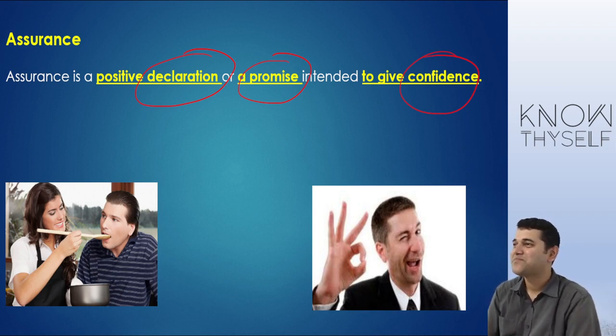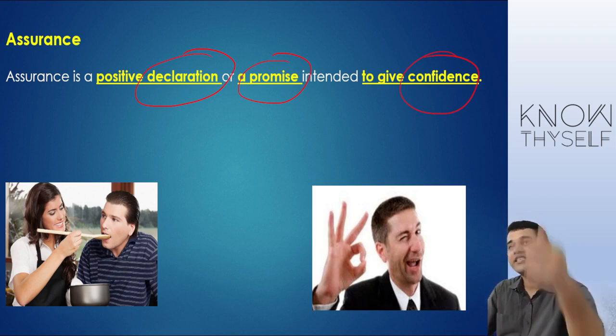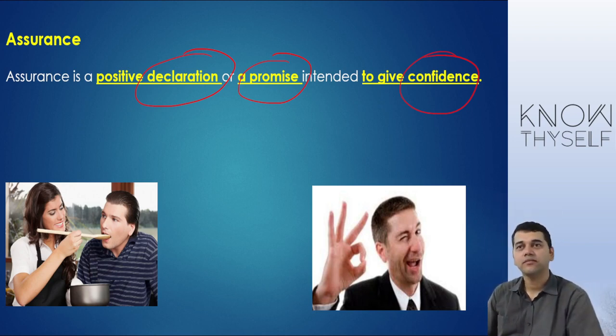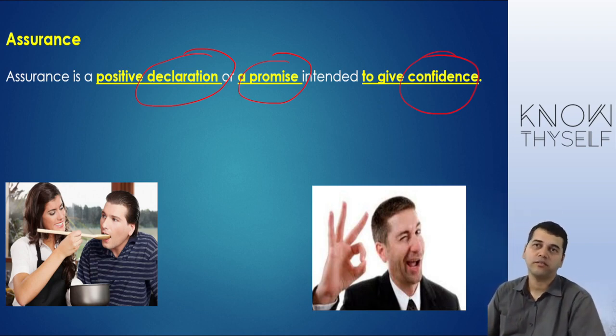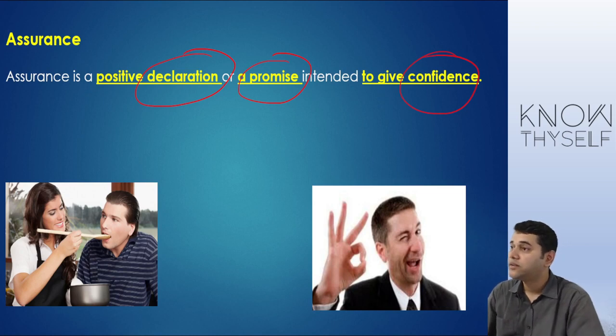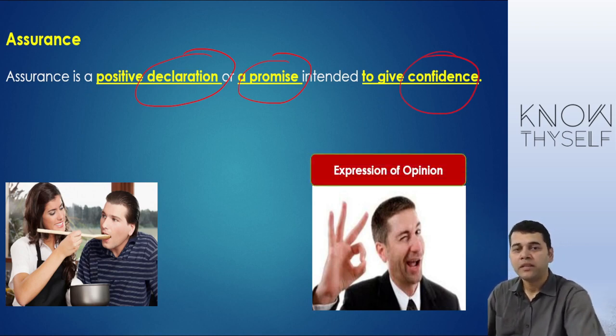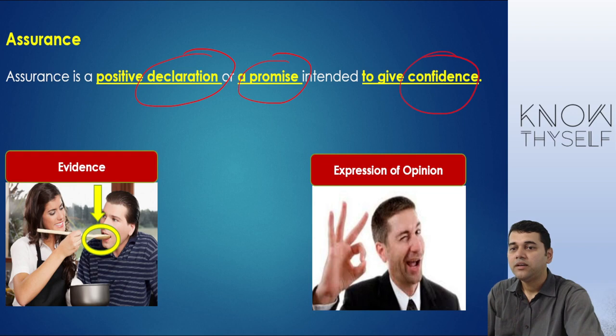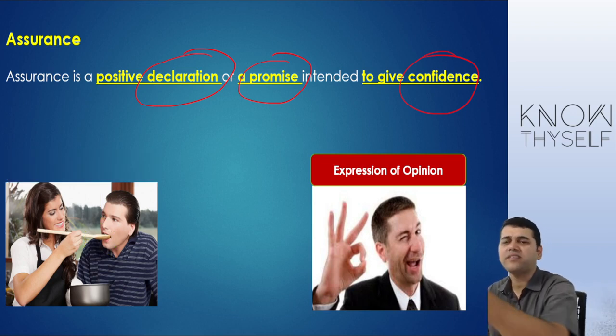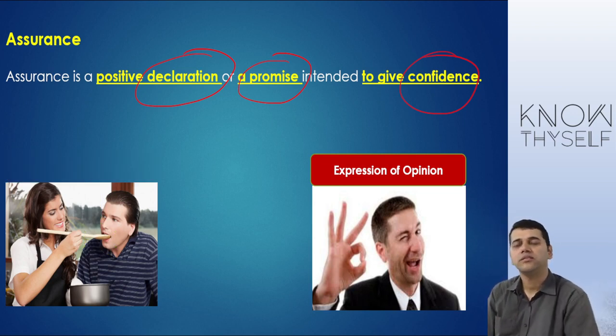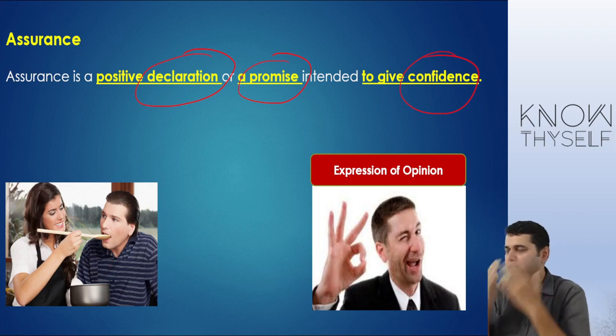Now why can't she taste it herself? Why do we want that assurance? Safety, no. Maybe this is an expression of opinion. Now, who gives the assurance? Maybe she is having a cold, some problem with the nose.